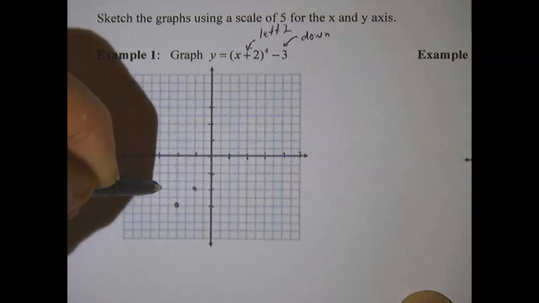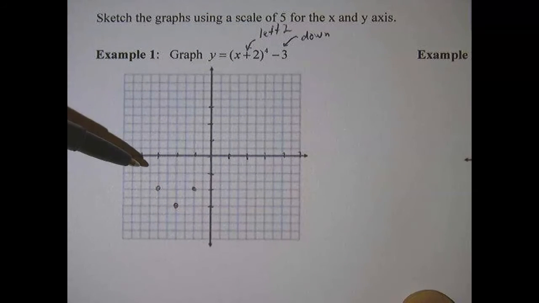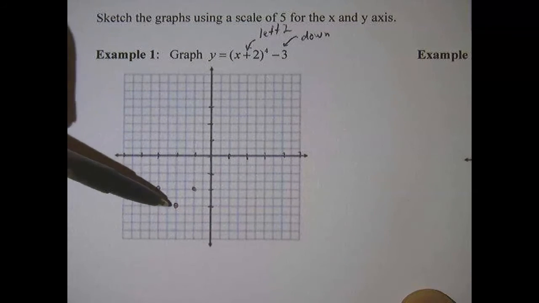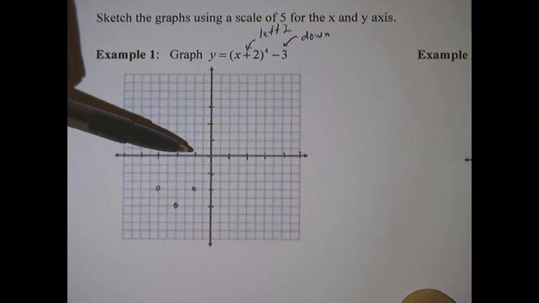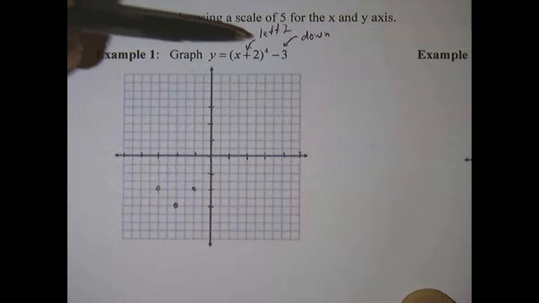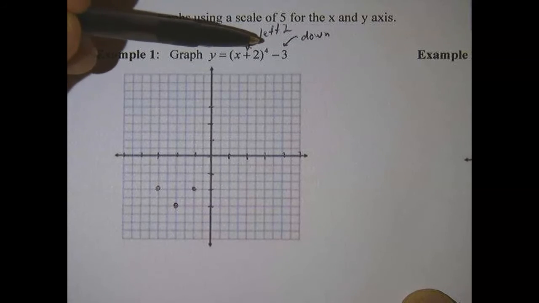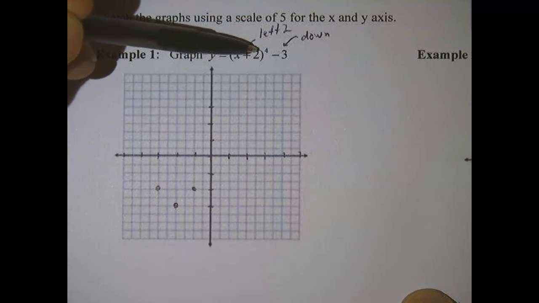Now that's what this function, fourth degree, has in common with the parabola. What we know is that it doesn't go out as much. We're not going to have to bother getting intercepts here, but if we set x equal to 0, we get 16 minus 3.